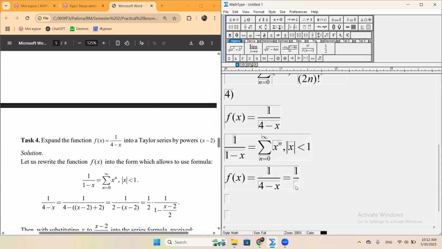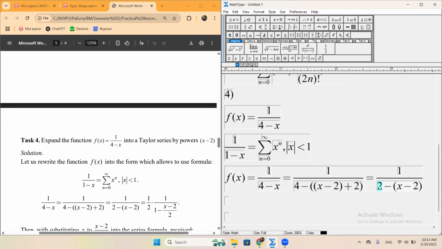So 1 over 4 minus (x minus 2) plus 2. And then after expanding the brackets, we will receive 1 over 2 minus (x minus 2). So we are done with transforming x.